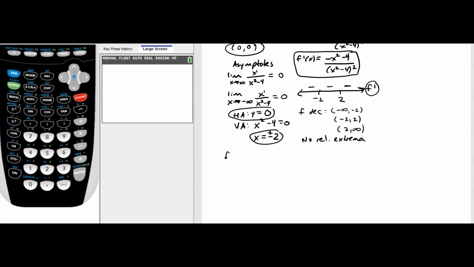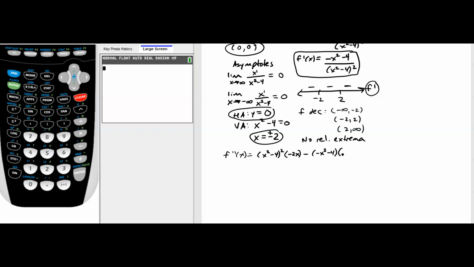So my second derivative is going to be equal to the bottom times the derivative of the top, so that would be times a negative 2x, minus the top times the derivative of the bottom.